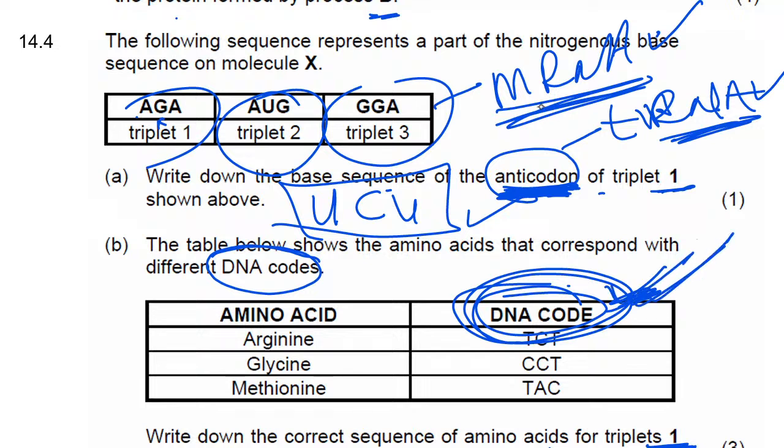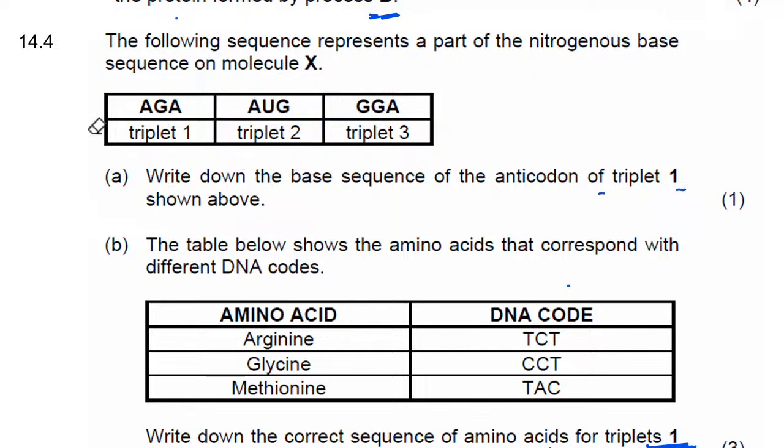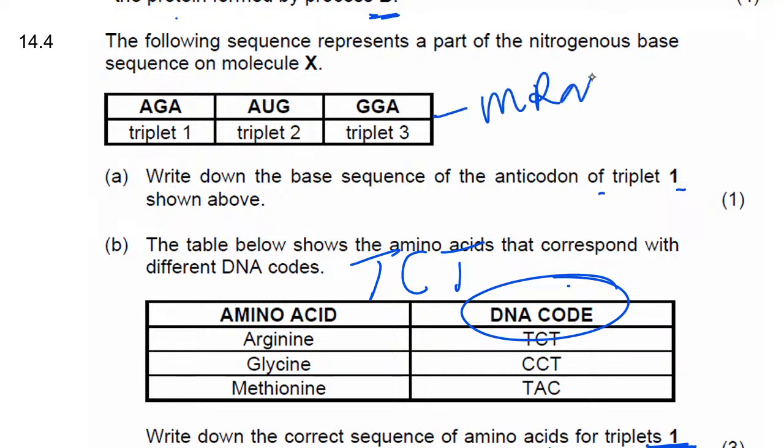So it's going to be U C U, and converting into DNA it's going to be T C T. So TCT is arginine. So the first amino acid I'm going to write is arginine.